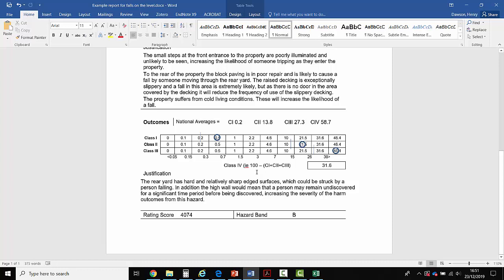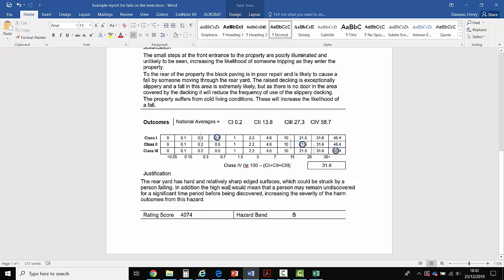So I've decided to increase the severity of the harm outcomes. Now, if you want to do this, you can do it for all three, class 1, 2 and 3, or if you want, you can just do it for 1 or 2 of them. In this case, I've done it for all 3 because of that chance of being left outside and suffering, leaving yourself undiscovered for a period of time.